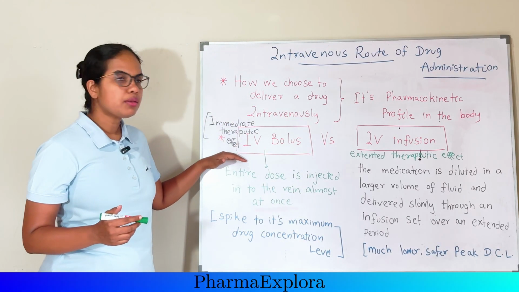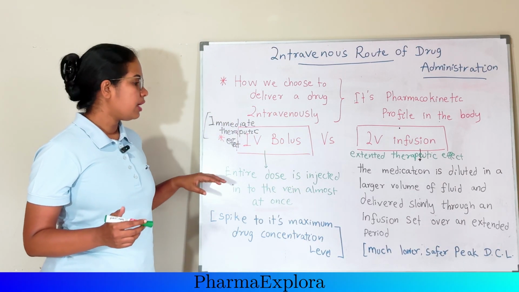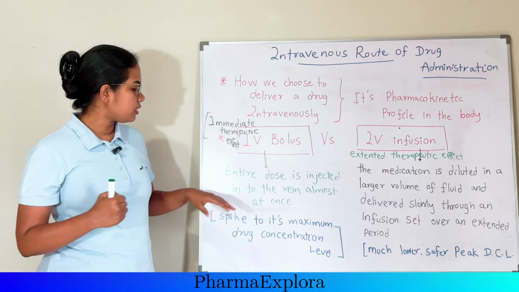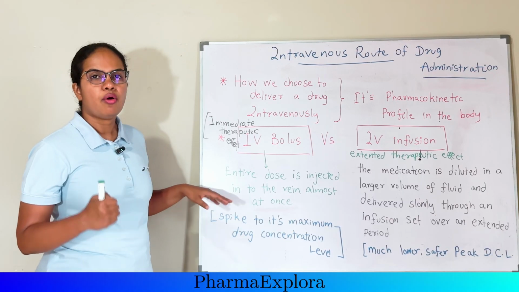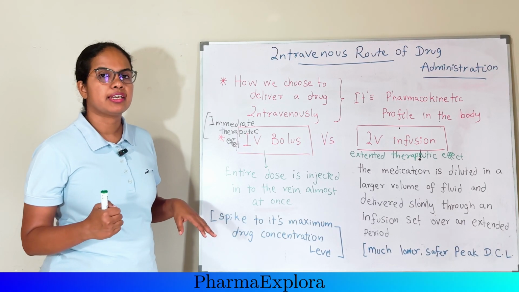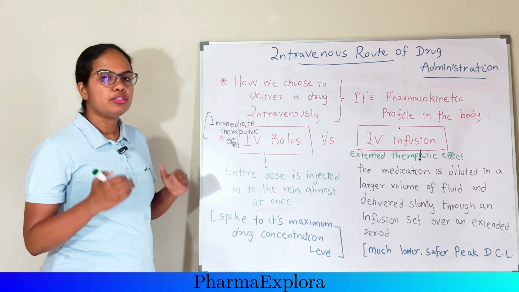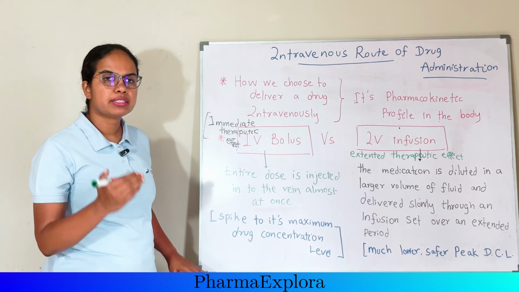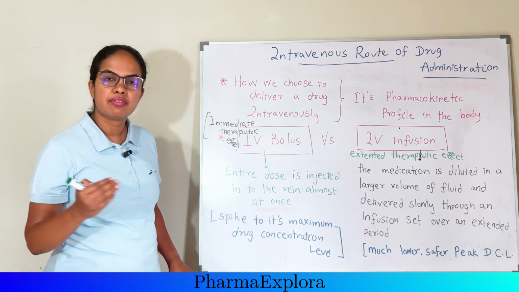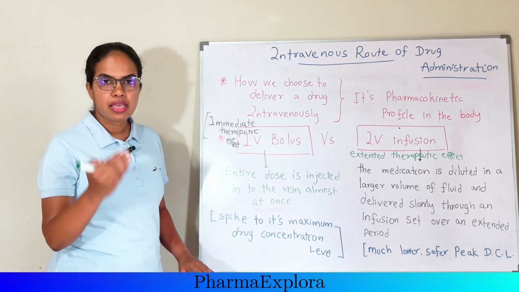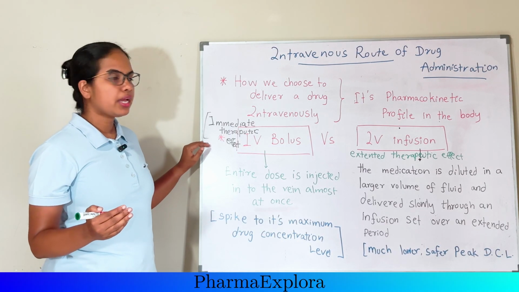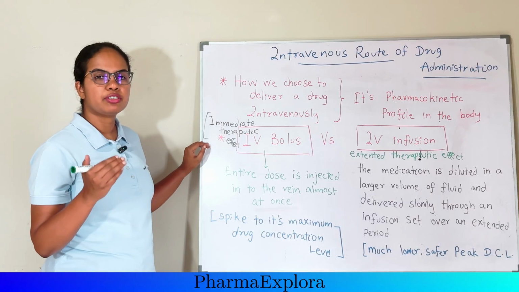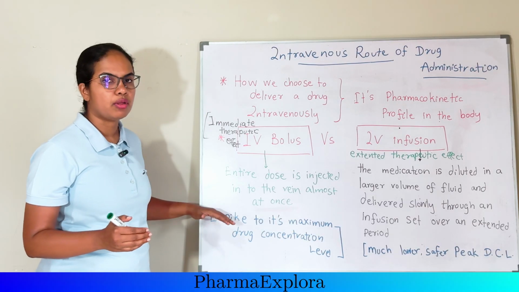In IV bolus, the entire dose is injected into the vein almost instantly, so you can expect a spike to its maximum drug concentration instantaneously. Therefore, you have an immediate therapeutic effect.